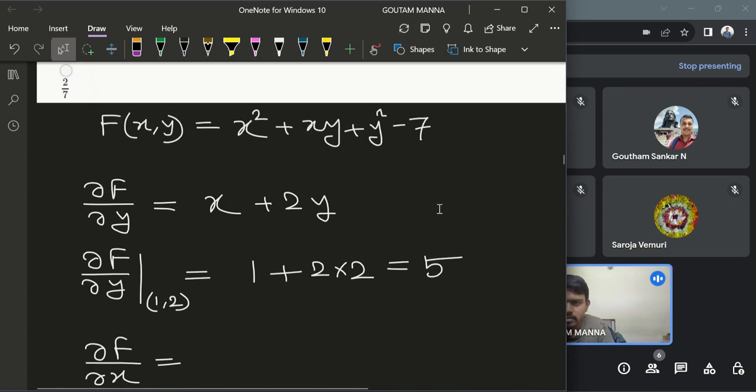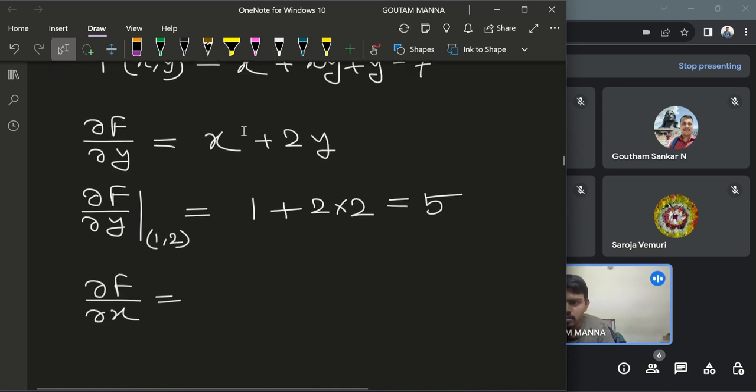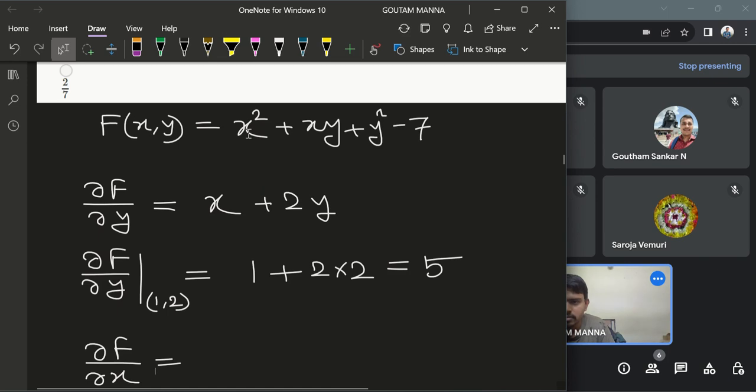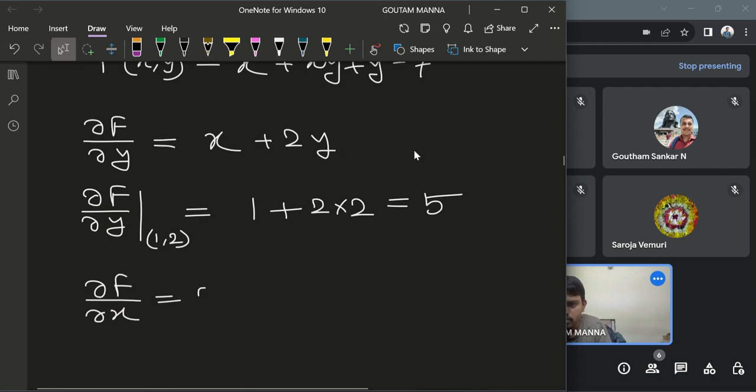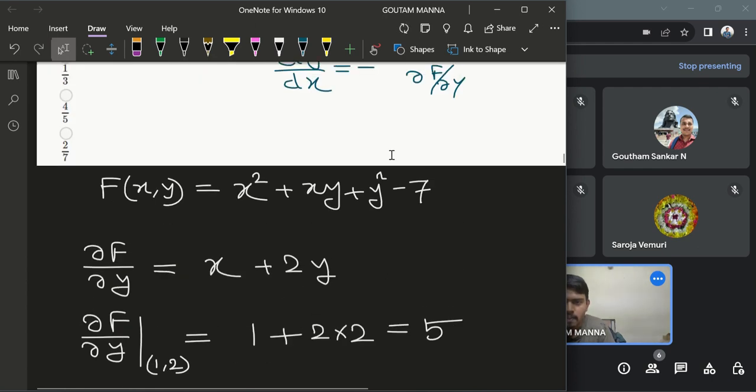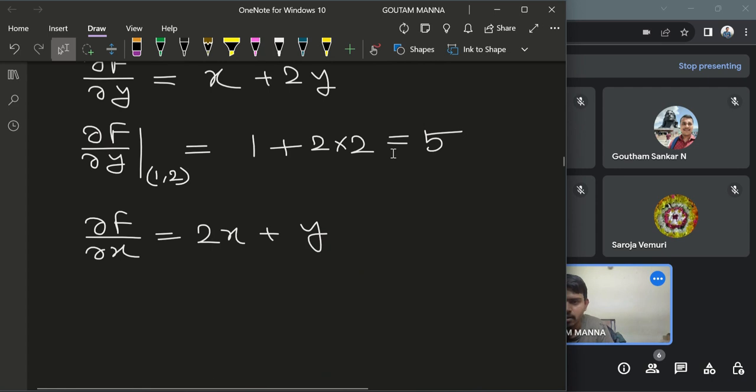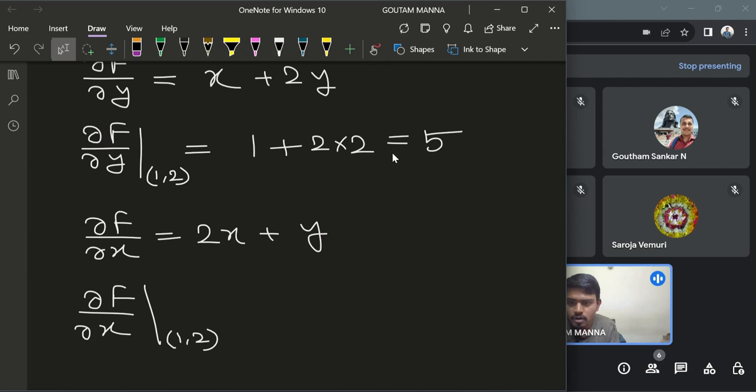Del f del x, so derivative of first term with respect to x is 2x, the second term is y, and the rest is 0. It's 2x plus y, and del f del x at point 1, 2 is 2 plus 2, so it is 4.